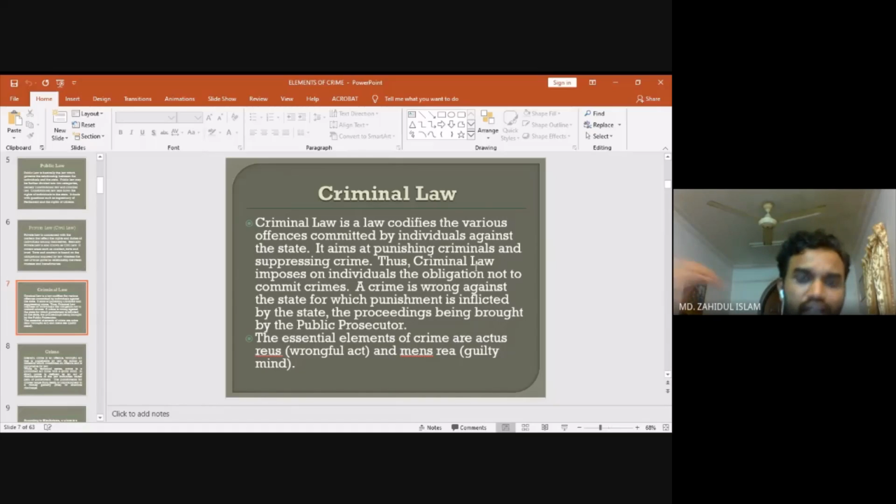if the victim goes to the police station and files a case against me, then police will arrest me, and the public prosecutor will bring the allegation against me. The public prosecutor, on behalf of the state, will bring the allegation against me. He will represent the state in the court.